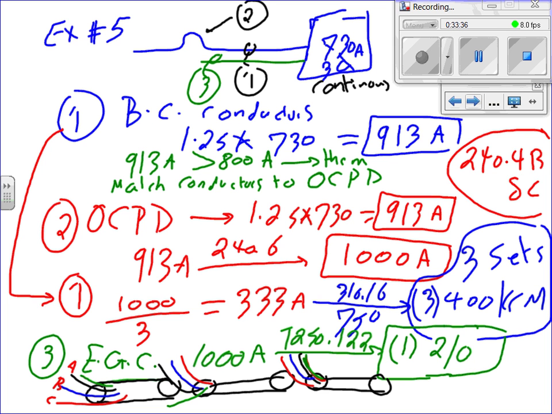Because when you parallel, guys, you're paralleling phase A conductors. Phase A conductors can be aluminum, and phase B conductors could be copper. They have nothing to do with each other. They're not paralleled with each other. When parallel means tie at the end, you only tie at the end the conductors of the same phase.